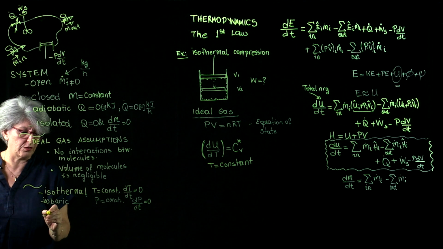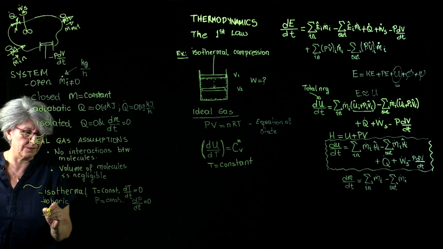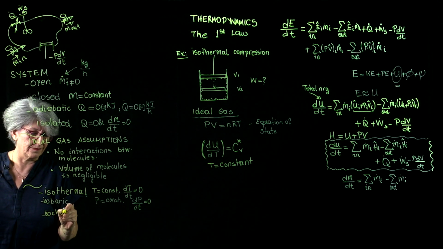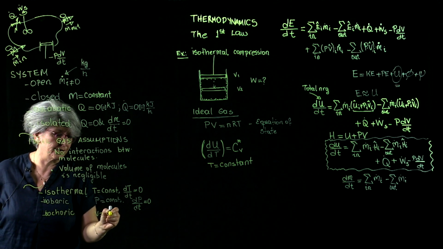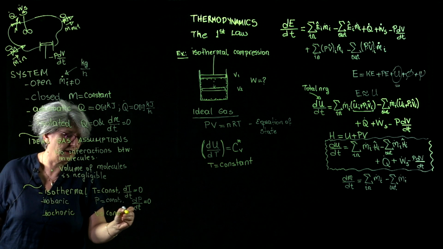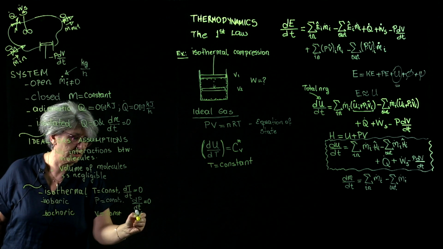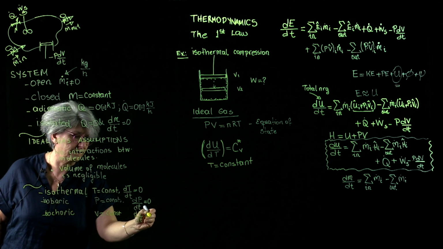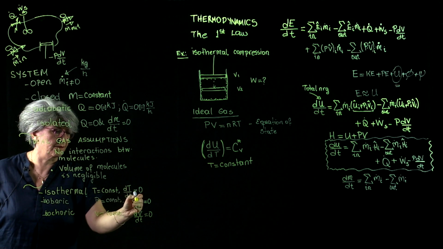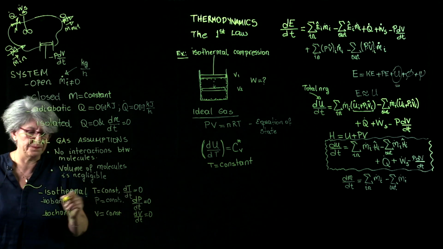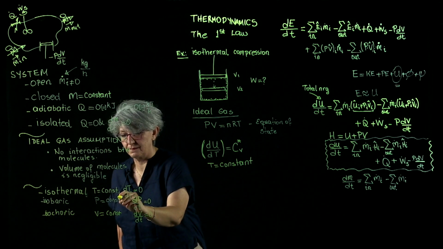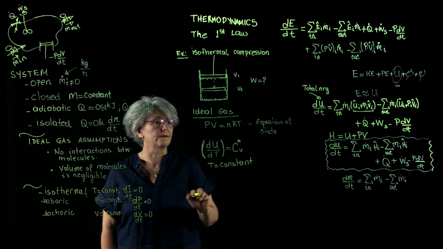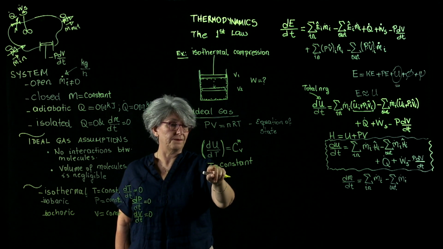And isochoric, volume is constant. dV over dt is equal to 0. Okay. T is constant.